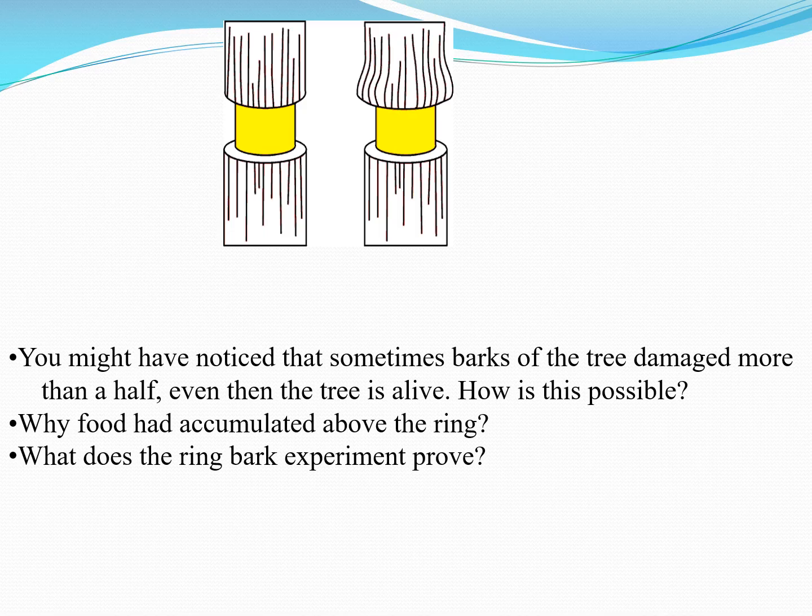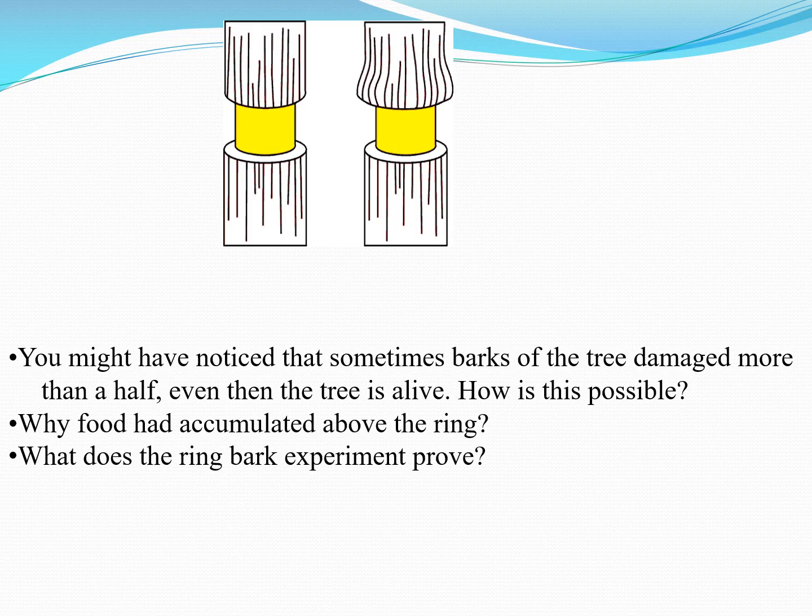Here first question. You might have noticed that sometimes the bark of a tree is damaged more than a half. Even then the tree is alive. How is this possible? Because the phloem is still intact, so food passes through phloem to the roots, so the plant is alive. Next question.